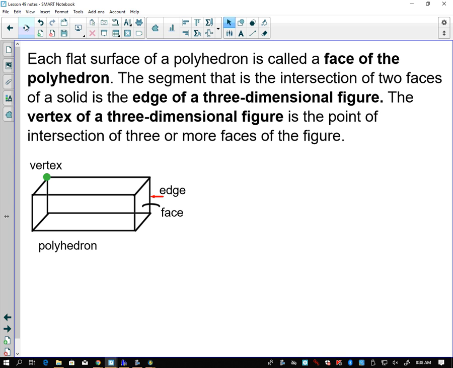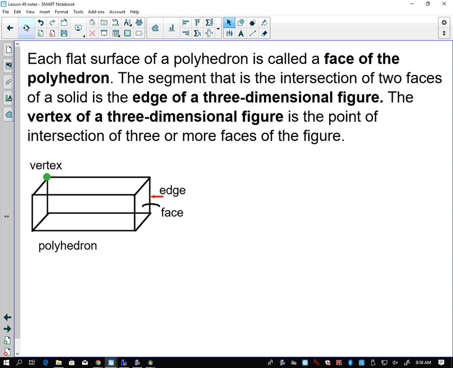Same way with Katie's triangular prism. She's also got a hexagonal prism. Chandler's got a triangular prism. Even Jose's pyramid only has one base. It comes to a point, but each of these four sides is a face. Does that make sense?